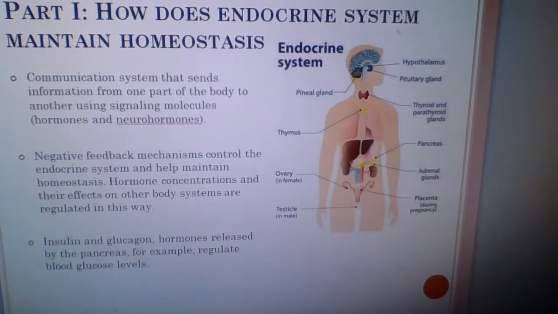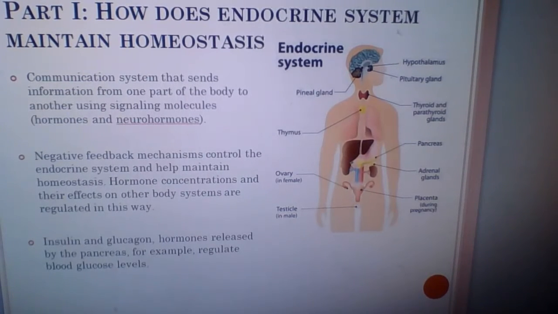Now, how does the endocrine system maintain homeostasis? The endocrine system is a communication system that sends information from one part of the body to another using signaling molecules, hormones, and neurohormones.